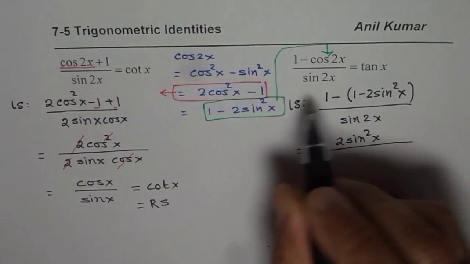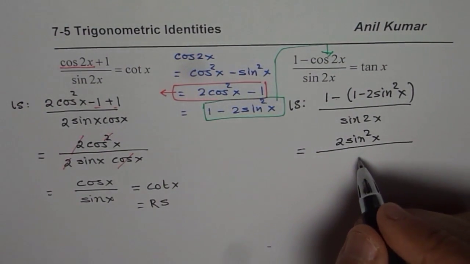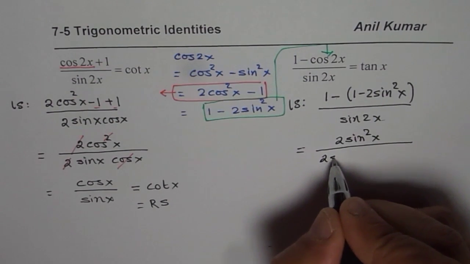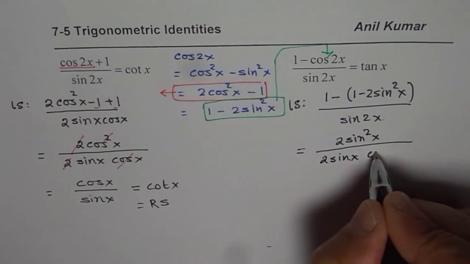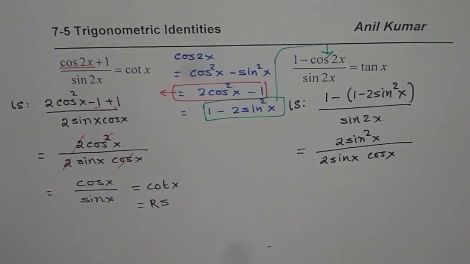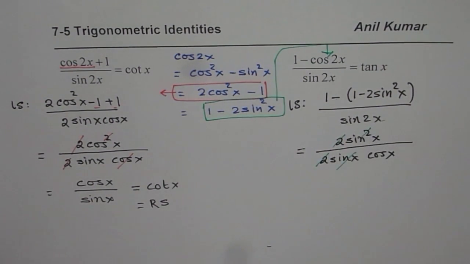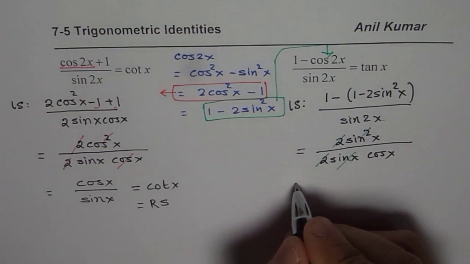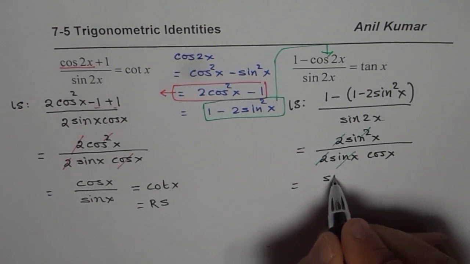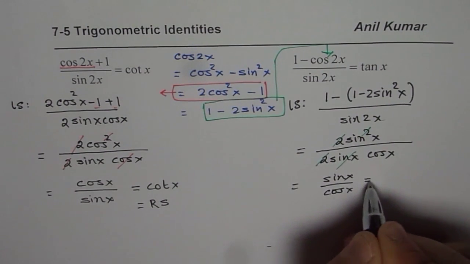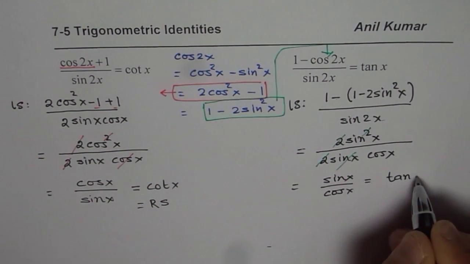So which formula to apply is very critical. Very critical. Let me write sine 2x as 2 sine x cos x. Now again, as you can see, 2 and 2 cancel, sine square x cancels with sine x. You get sine x in the numerator and cos x in the denominator, which is indeed tan x.